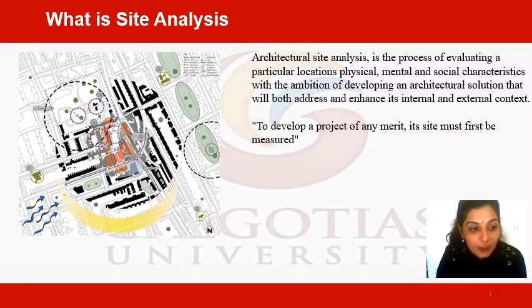To develop a project of any merit, its site must first be measured. Every site, as we all know, is unique and will consist of many complex elements such as varying topography, water courses, trees, plants, habitats and weather patterns, all of which will and should influence the architect's design process and decision making.